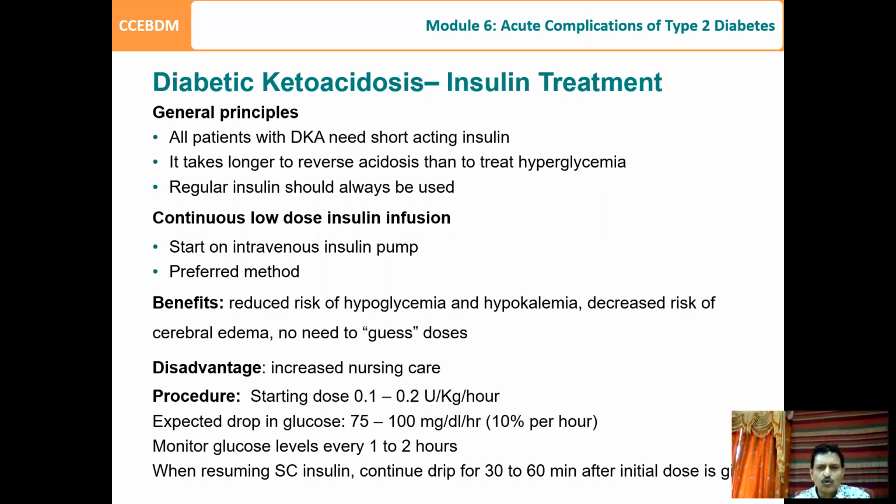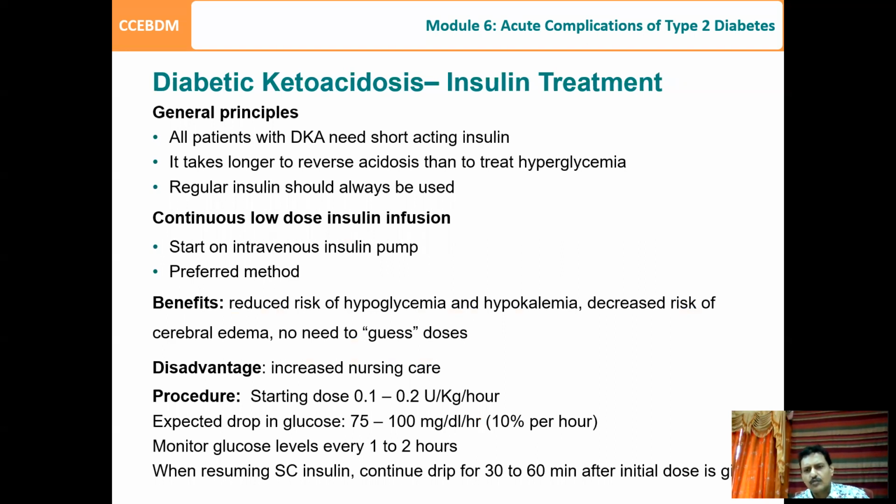But if over 2 or 3 hours you find that there is no change in the blood glucose level, it possibly indicates insulin resistance. And if there is insulin resistance, then we have to up-titrate the dose, which may be double the initial dose. So from 0.1 units, we can increase it to 0.2 units per kg per hour.